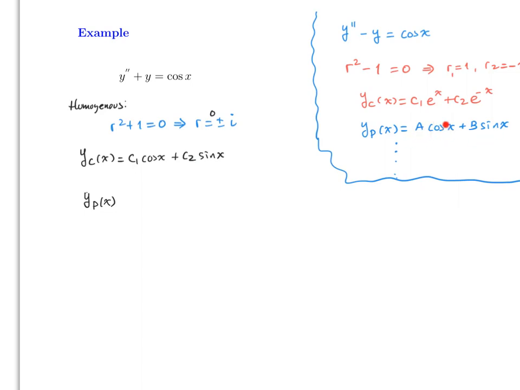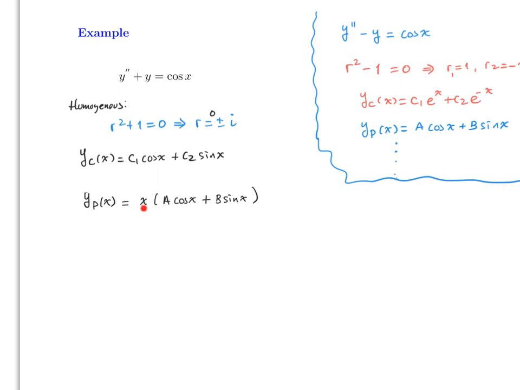But since this matches this, that's a problem. So therefore, you're going to multiply everything by x, and the rest is going to be the same. You can think of this like if you have a repeated solution, so you multiply by x.